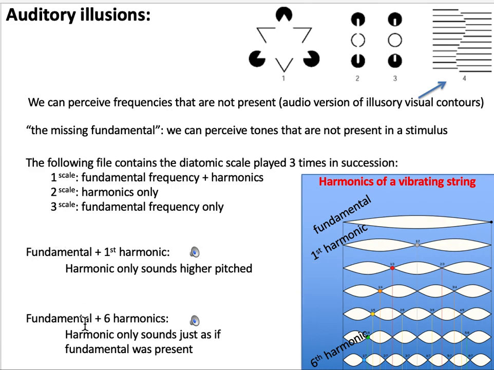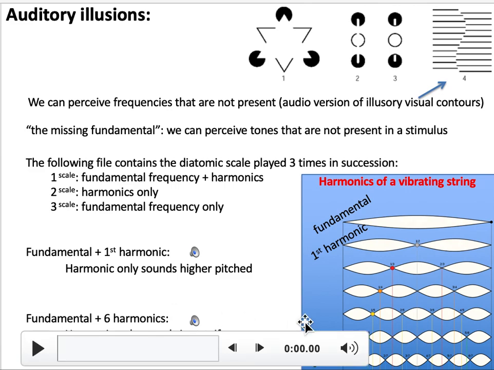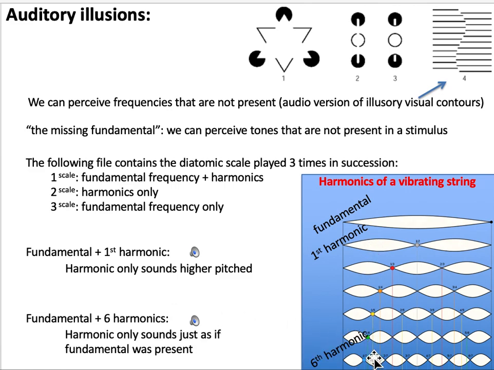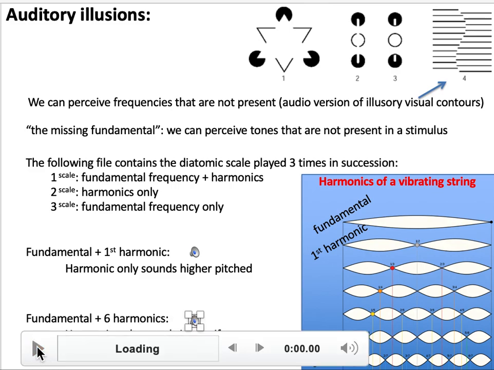Okay, so that's great. But now what happens if we play the fundamental plus the next 6 harmonics? Again, we're going to hear all of it together. Then we're going to hear just the harmonics. And then we're going to hear just the fundamental. Now, this should be a little bit harder to discriminate.